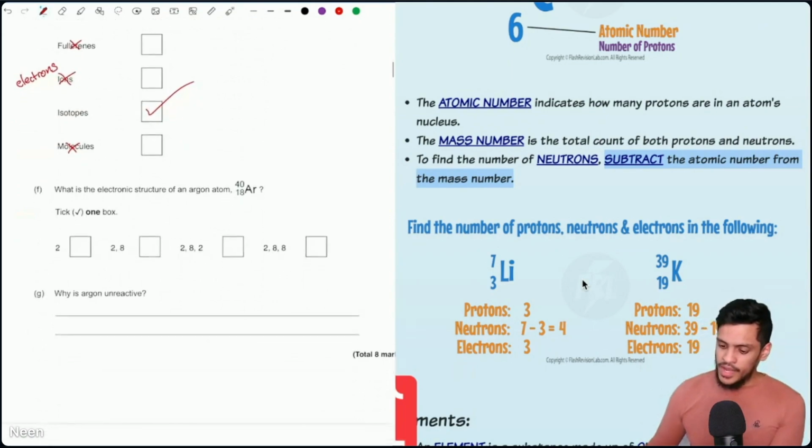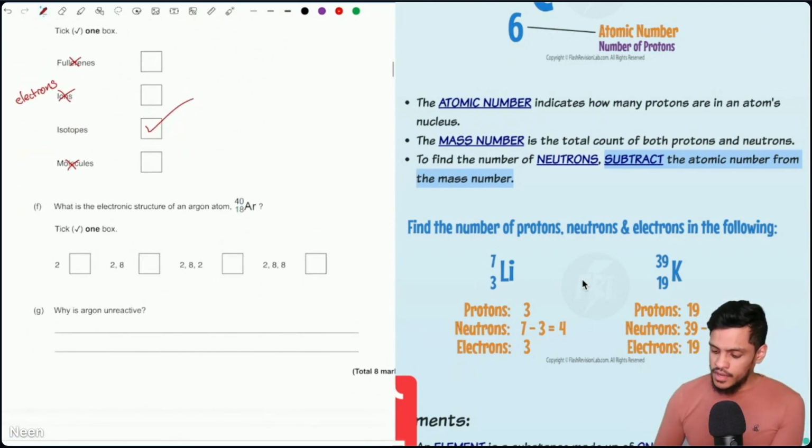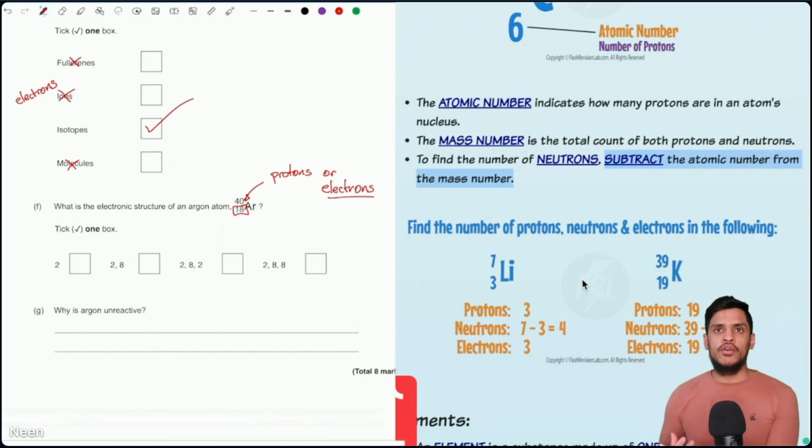Good. What is the electronic structure of argon? For electron structures, you look at the bottom number. Remember I said that the bottom number is protons. It's also the number of electrons. The number of protons and electrons have to always be the same because the overall charge of an atom has to be neutral. So both of them need to always be equal.